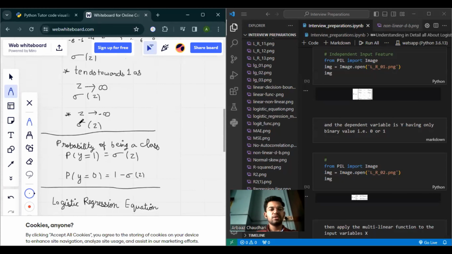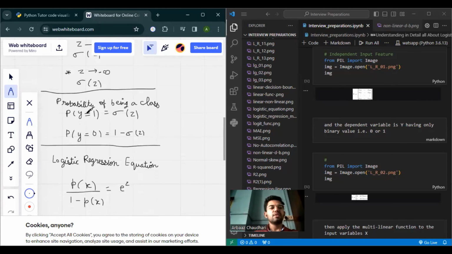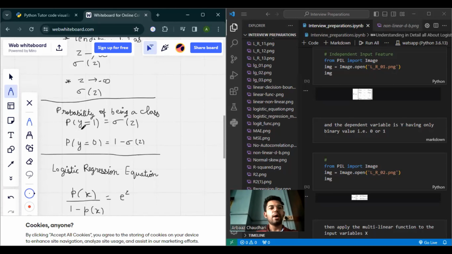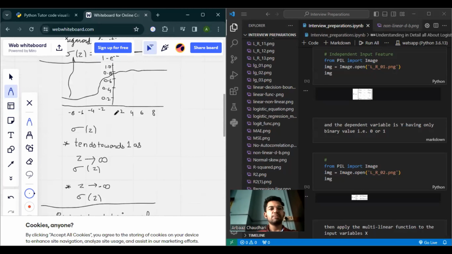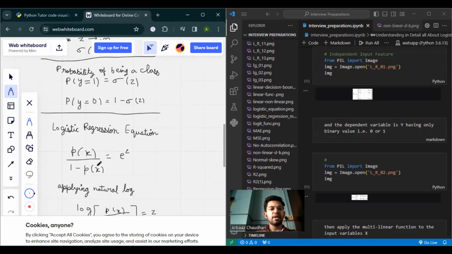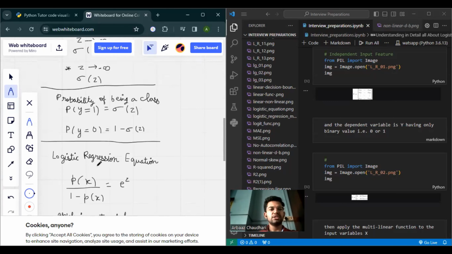Okay. Let's move on to the probability of being a class. When y is equal to 1, sigma of z is the value which tells us that y is equal to 1. Sigma of z means here, when the data point is there, then it is 1. And how will we find the 0th class?